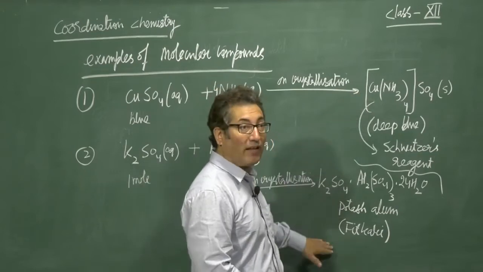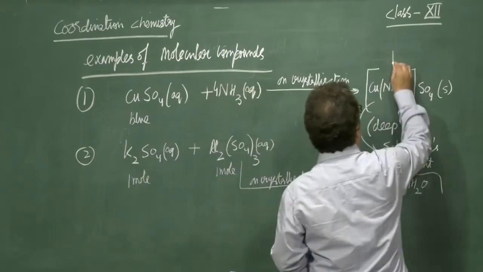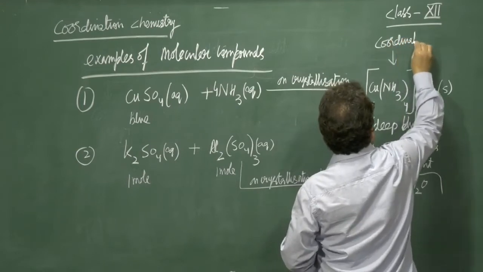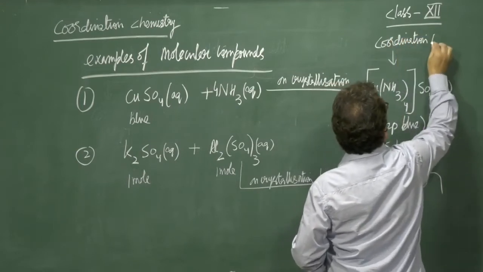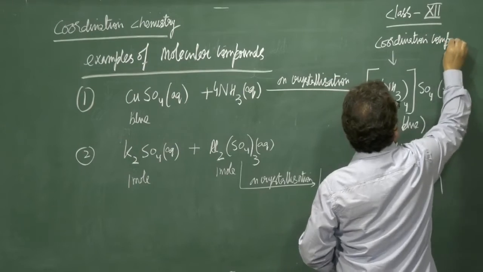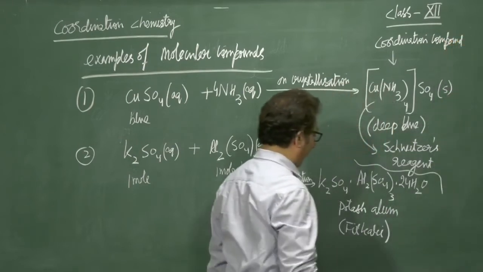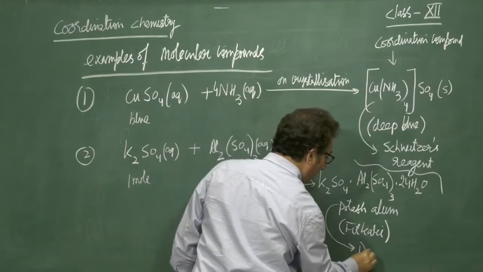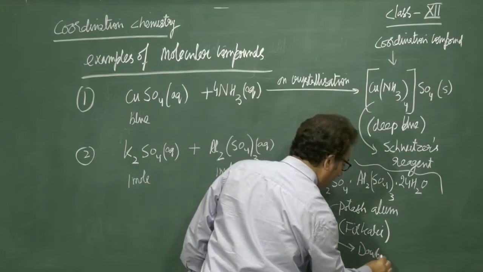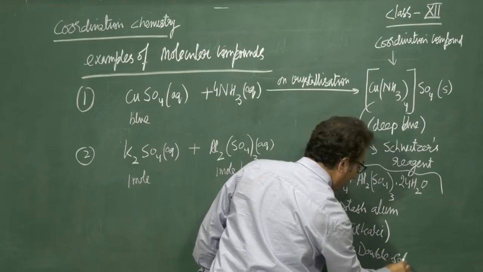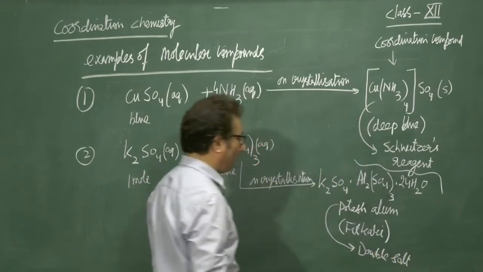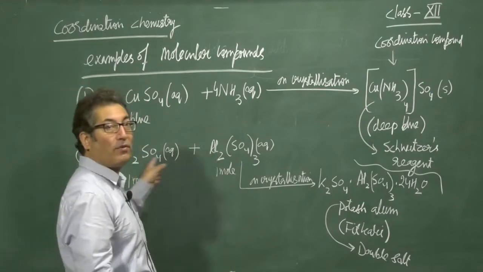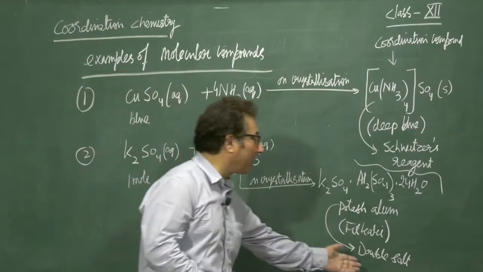The first one is a coordination compound, while this potash alum is a double salt. Certain things must be clear to you even from the example: compounds formed by crystallization of 2 stable salt solutions are double salts.